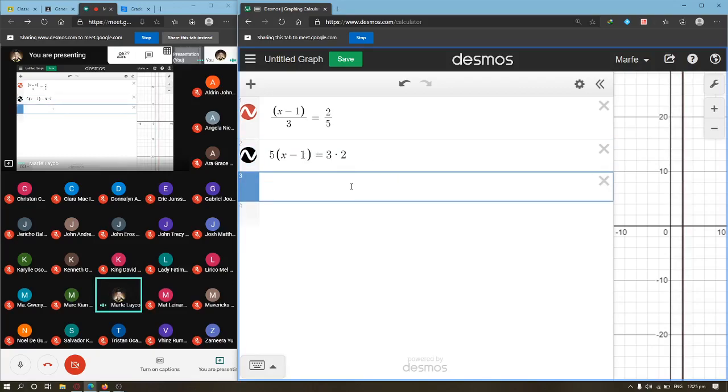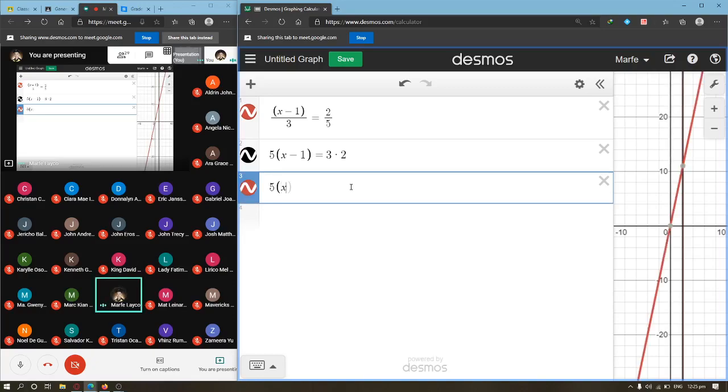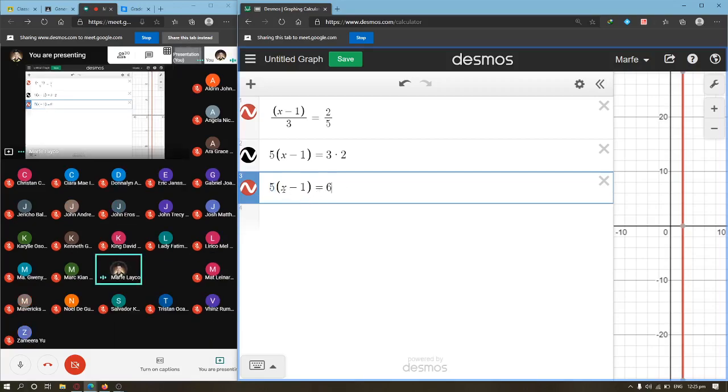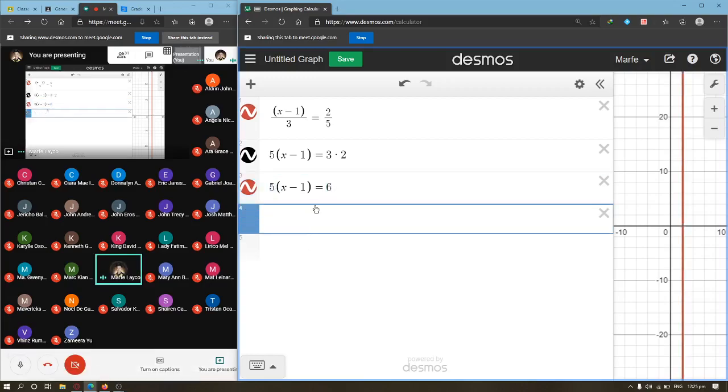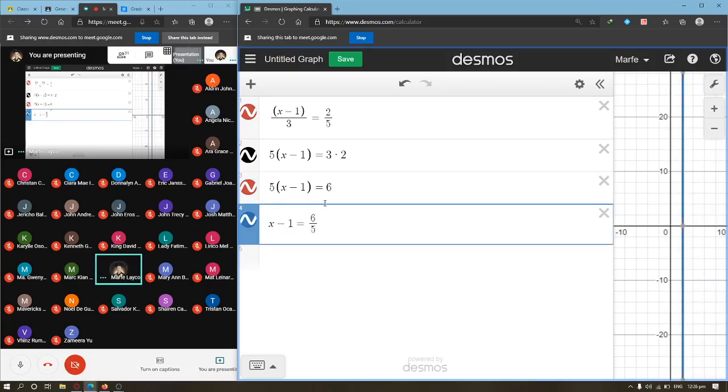Then, simplify, 5 times x minus 1 is equal to 6. Since ang 5 minumultiply mo dito, to cancel both, i-divide mo both sides by 5. So, magiging siyang x minus 1 is equal to 6 over 5.